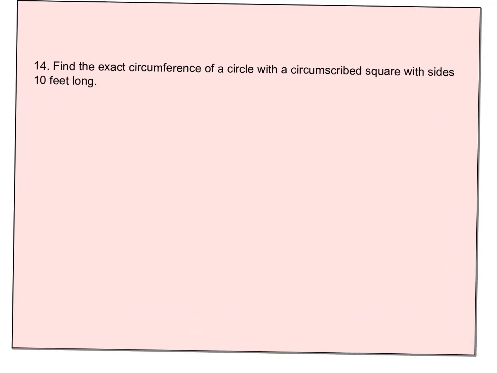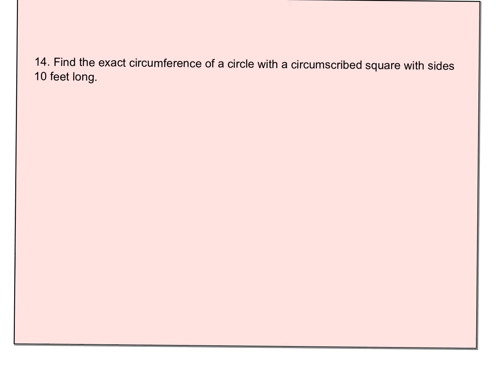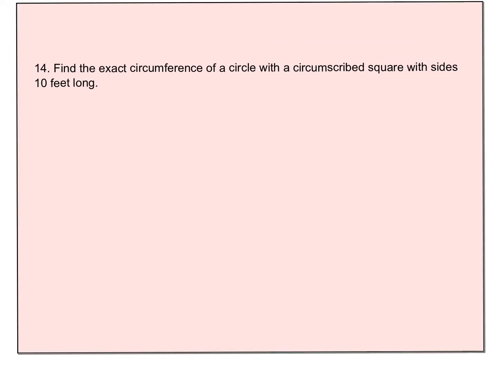So a circumscribed square, hold on 1 second. Exact circumference of a circle with a circumscribed square. So that means the square is on the outside with sides of 10 feet long. So the square is circumscribed. So here we have our square.